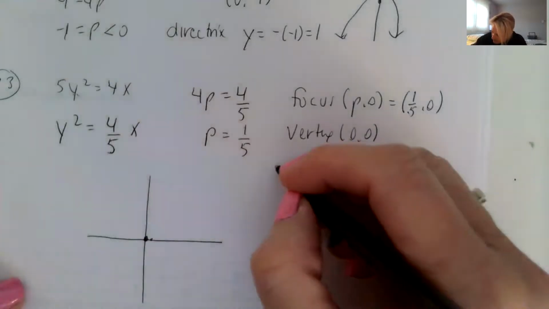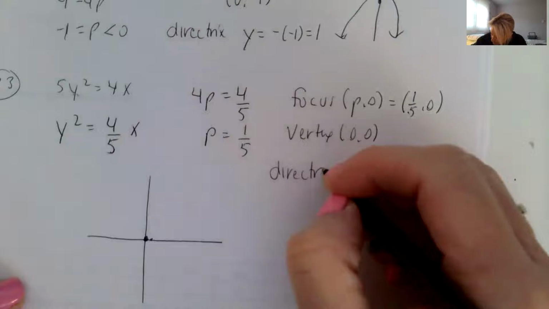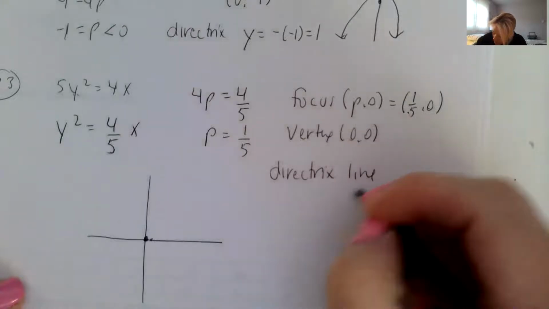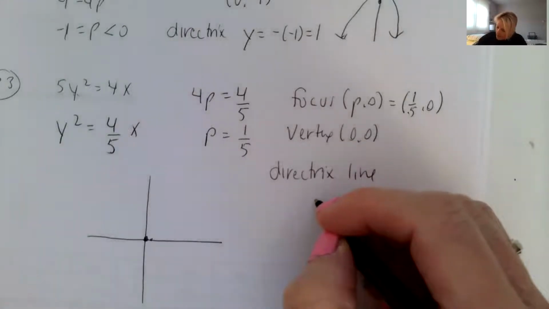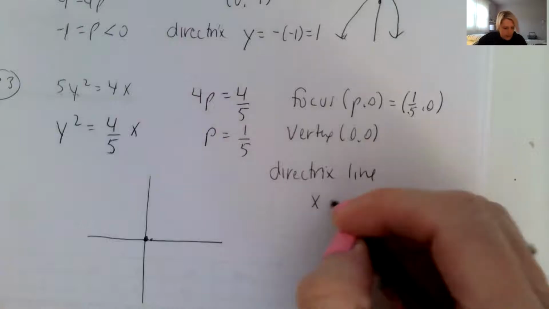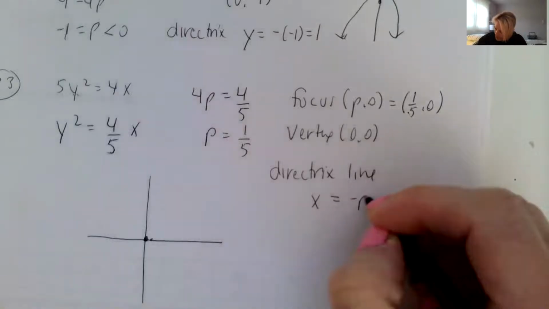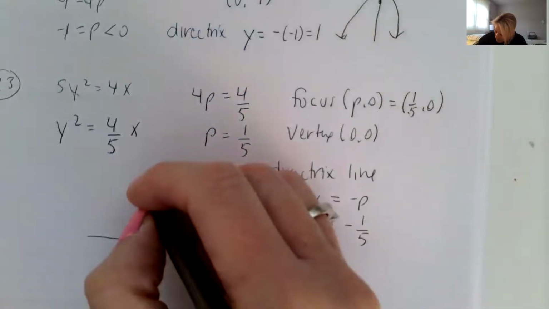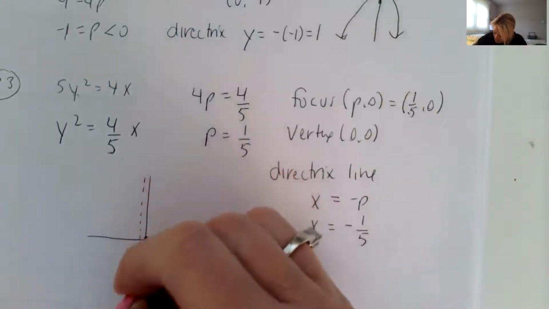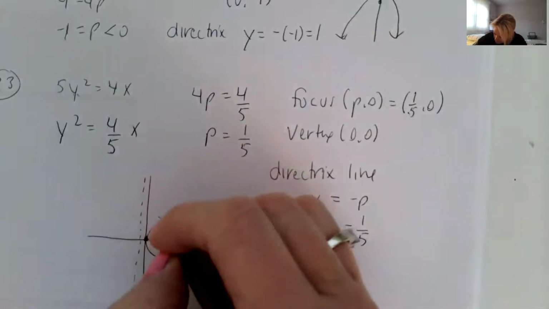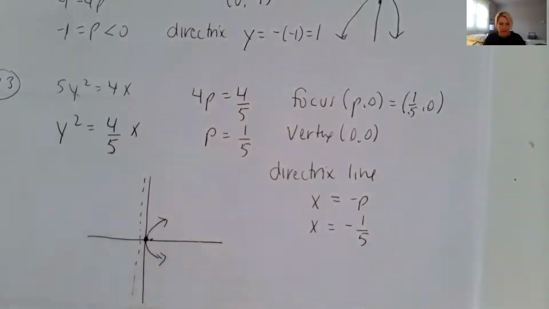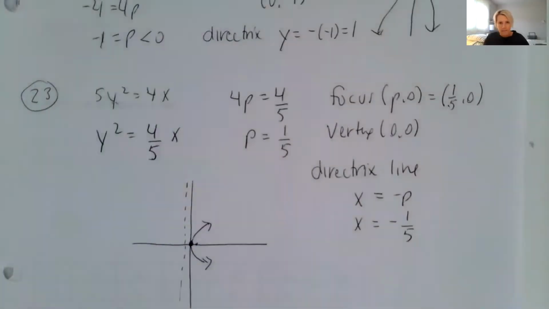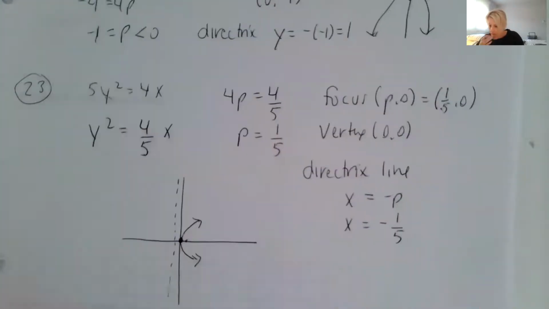So then the directrix is going to be at the line of x equals a negative P, or x equals a negative 1/5. So it looks like that.